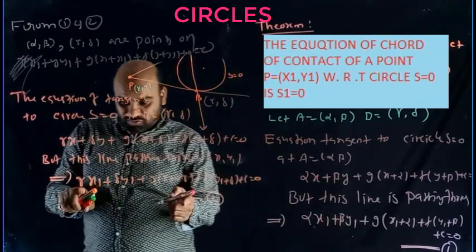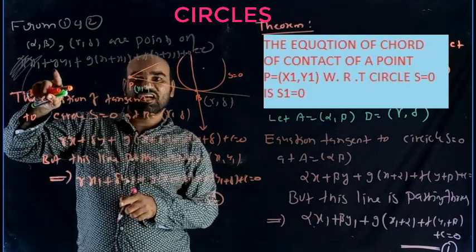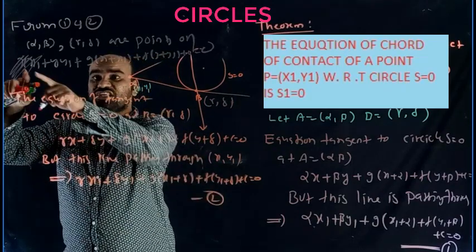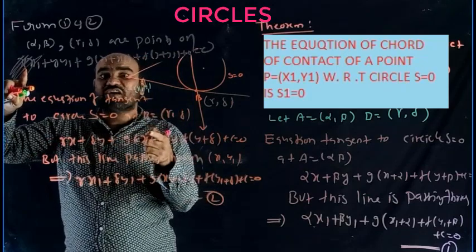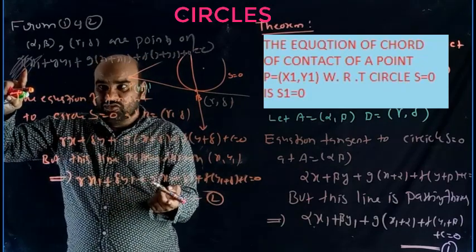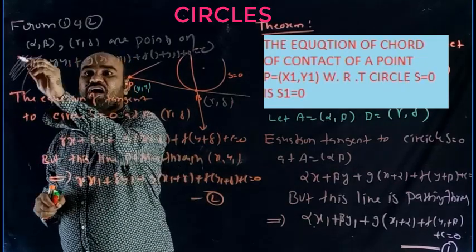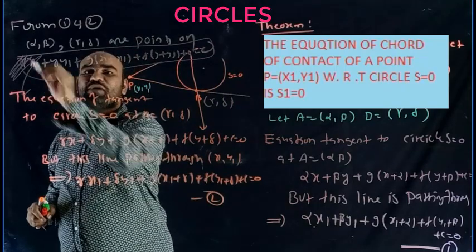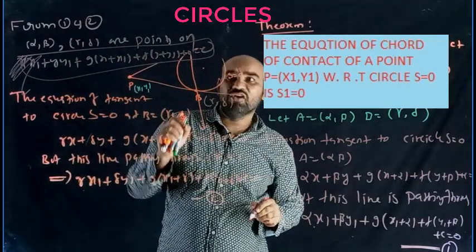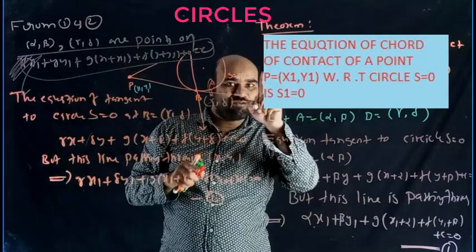So from equation 2, what is the conclusion? Instead of x you can write gamma here, instead of y you can write delta. What is the meaning of this? This equation is satisfied by gamma comma delta under this condition. So from equation 2 you can conclude that gamma comma delta is a point on this straight line. This means on this straight line, two points are there: one is alpha comma beta, another is gamma comma delta. Through two distinct points, you can draw only one straight line.